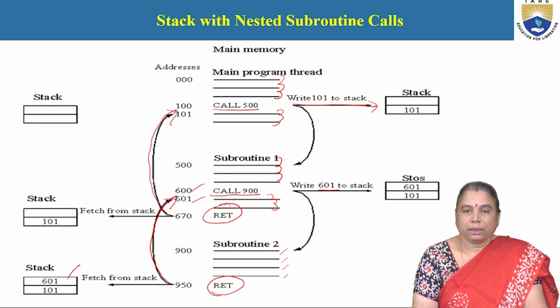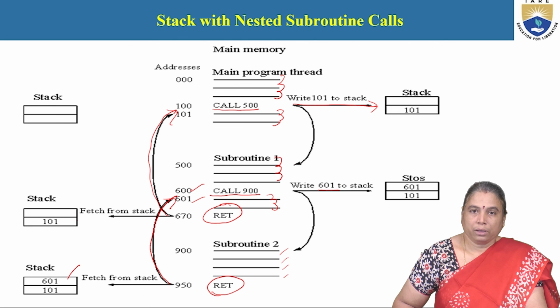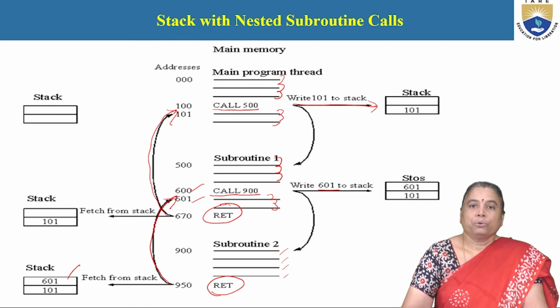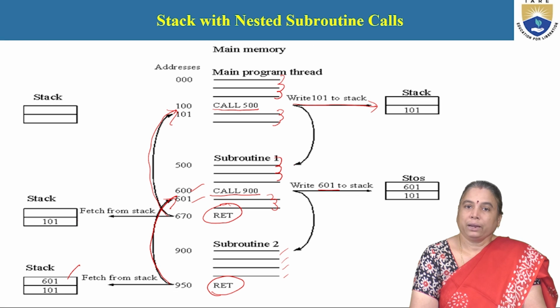So with multiple nested subroutines, where within a subroutine another subroutine call occurs, those can be effectively managed with the help of the stack data structure. In program control instructions, we discussed how branching, jumping and calling of procedures take place.